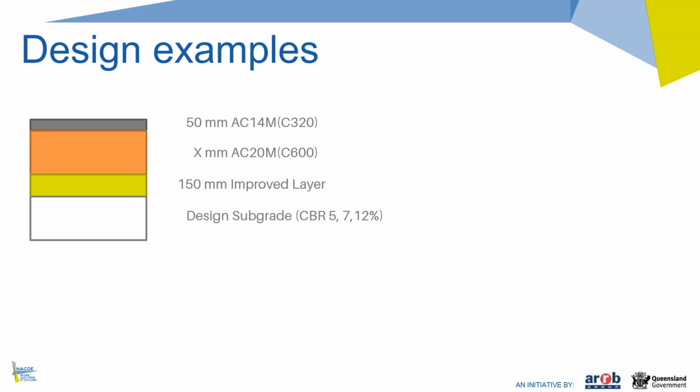You've got the 50 millimeter AC 14 at the top, the AC 20 class 600 as the asphalt base, a 150 millimeter improved layer in the context of green sand. Usually that's like a lightly granular material, sitting directly on top of CBR 5, 7, and 12% subgrade.